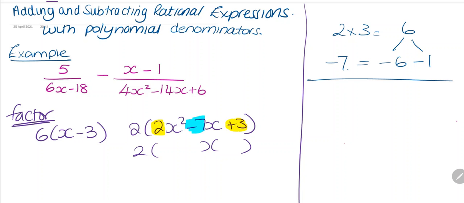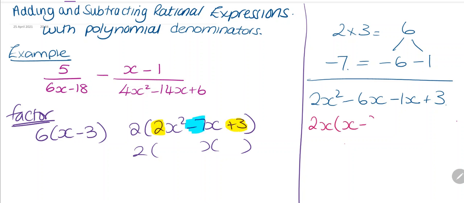So we're going to rewrite these so we can factor by grouping. We've got 2x squared, and instead of 7x, I'm going to divide it, so I'll have minus 6x, minus 1x, and then plus 3. So I'm factoring by grouping. I'm going to factor by 2x, so this will just leave us with x minus 3.